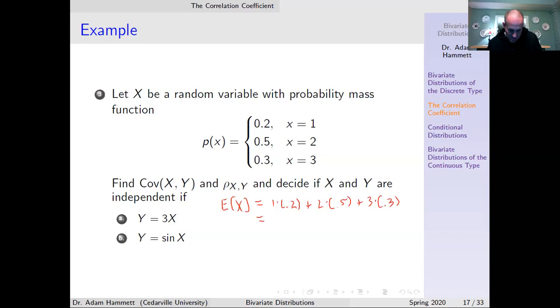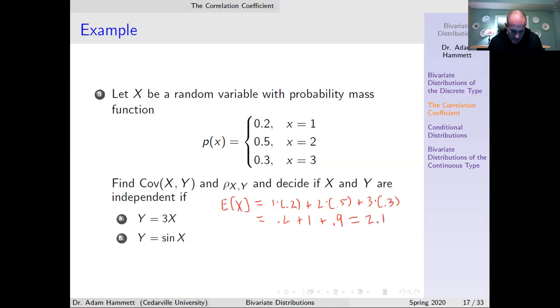So the expected value of X is equal to 0.2 plus 1 plus 0.9. Okay, 0.9. What's that equal to? Well, that's 2.1, all right?